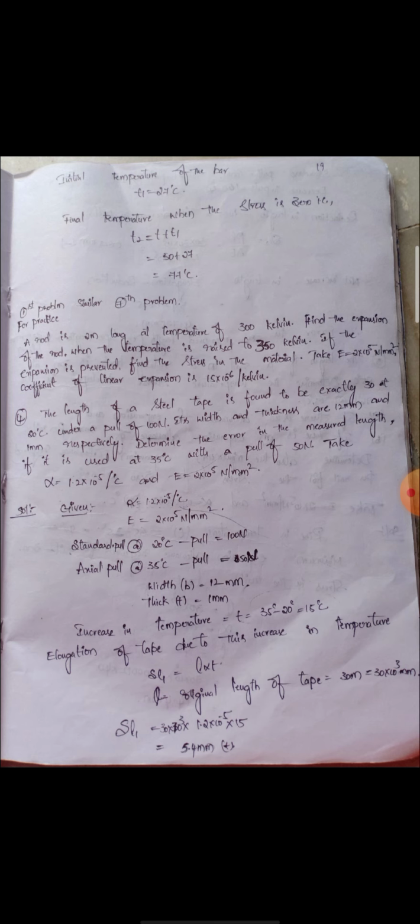The formula used for delta L is L alpha T, where the rise in temperature T equals T2 minus T1. T1 is the initial temperature and T2 is the raised temperature. From that the rise in temperature is found. Next, the formula for delta L is L alpha T.